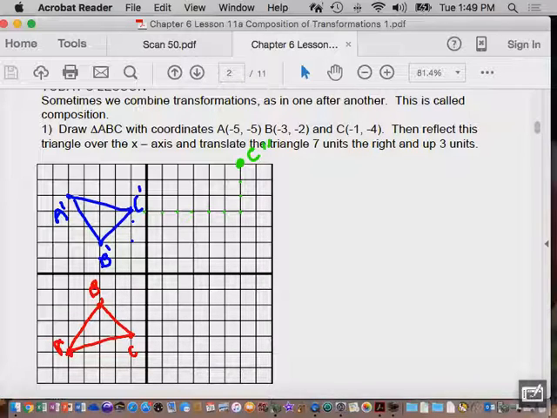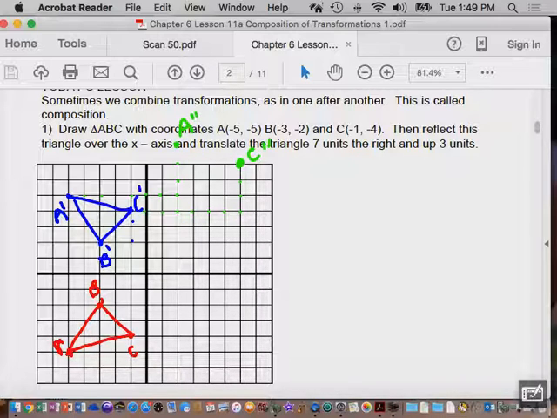Now, everybody go on point A, or A prime more accurately, and go 7 to the right, 3 up. 1, 2, 3, 4, 5, 6, 7. 1, 2, 3 up is there.